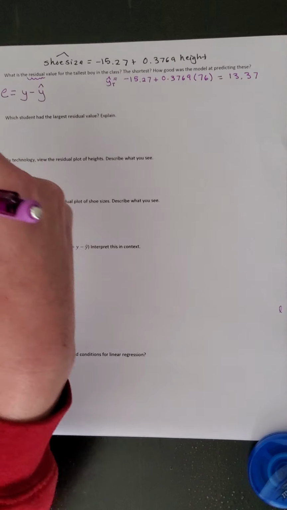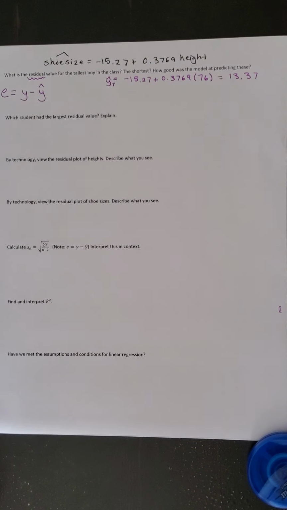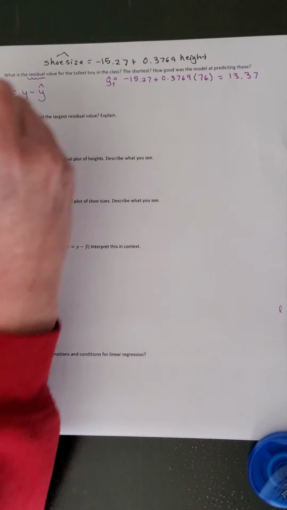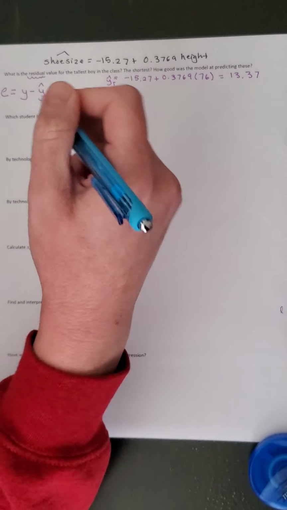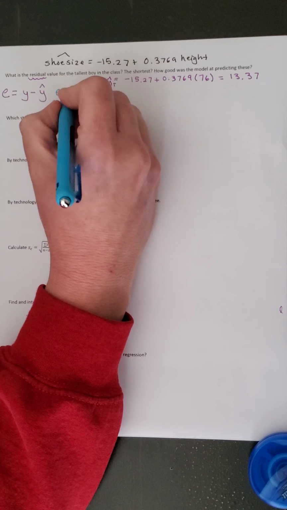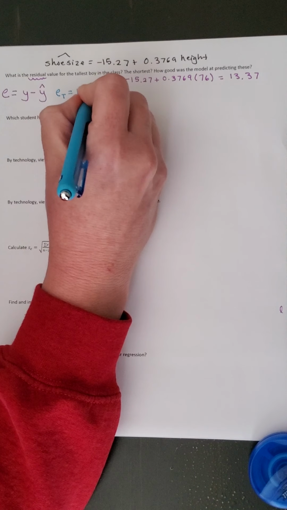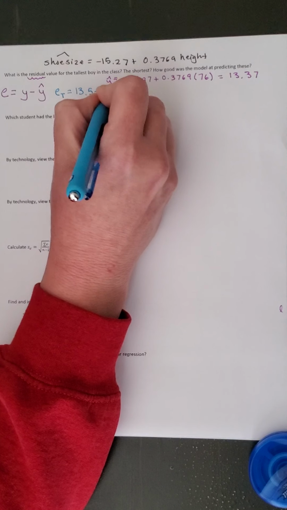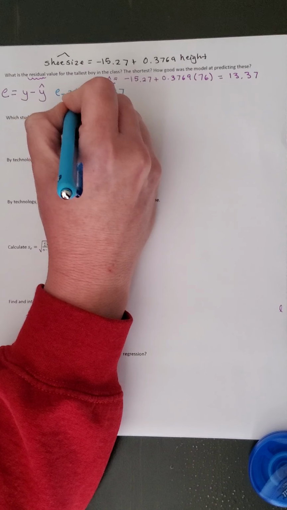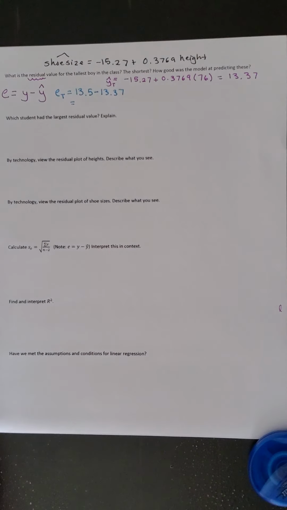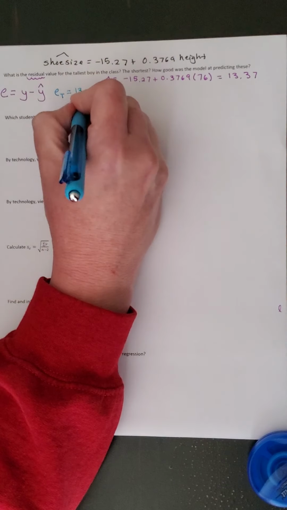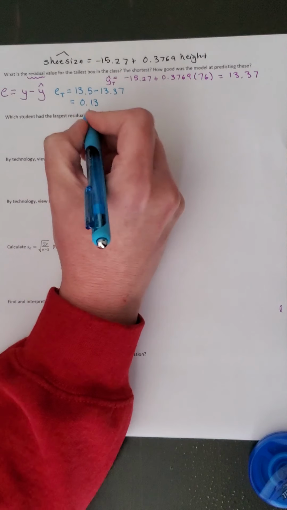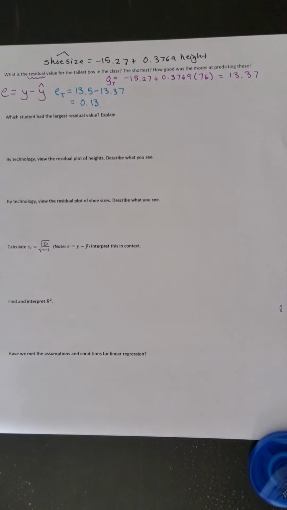So his error, right, or his residual would be, so E sub T for the tallest boy, Y, which he actually wore 13.5, minus 13.37, which gives me 0.13. He's just slightly above the line of fit.